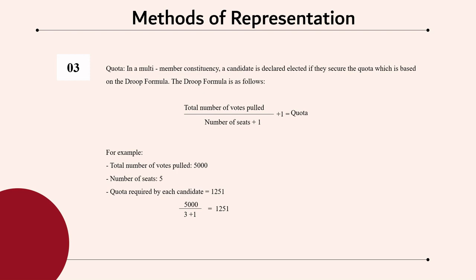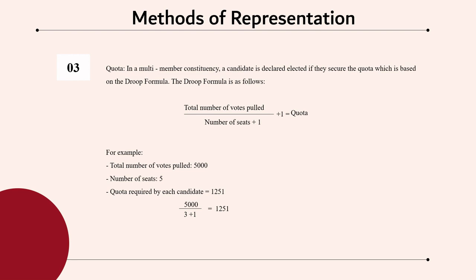Total number of votes polled upon number of seats plus 1, plus 1, equals quota. For example, total number of votes polled 5,000, number of seats 3, quota required by each candidate is 1,251.